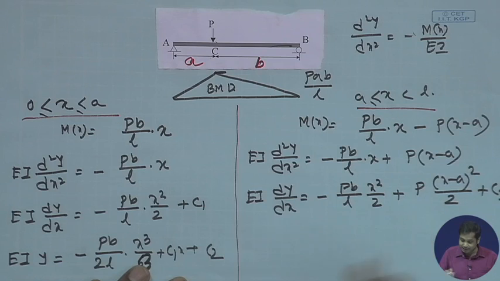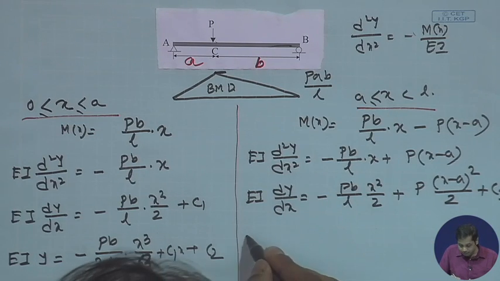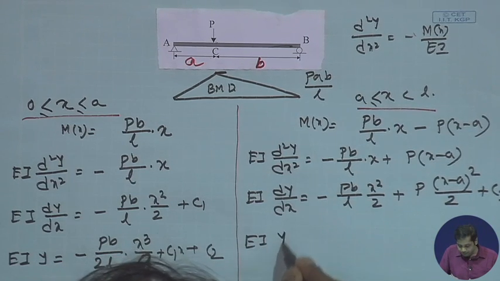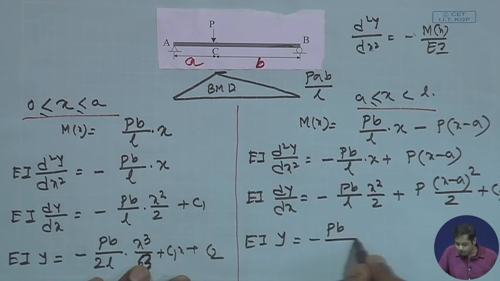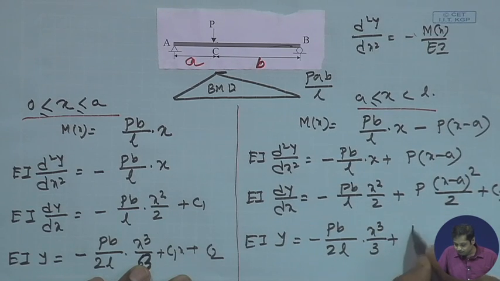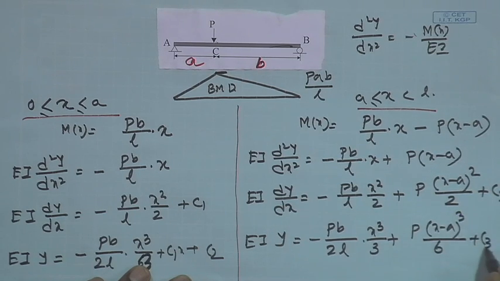Let us write it as C3 here because C1, C2 we have used for the other part. EI y is equal to minus Pb by L x cube by 6 plus P into x minus a whole cube by 6 plus C3x plus C4.